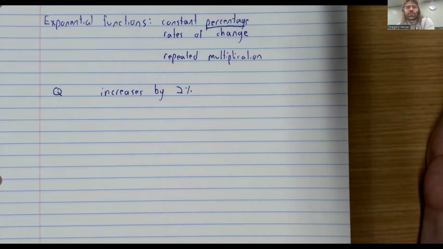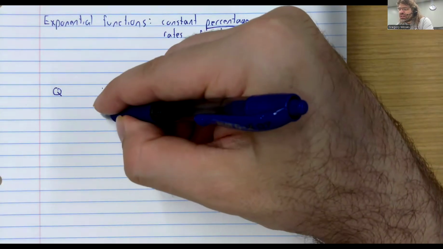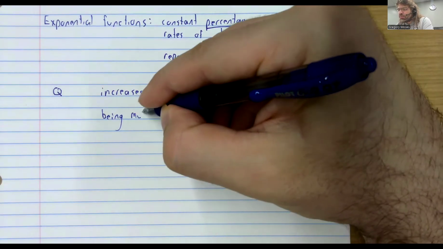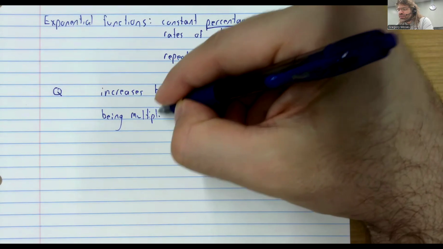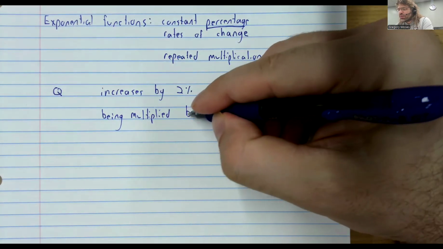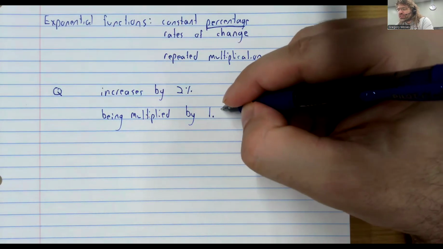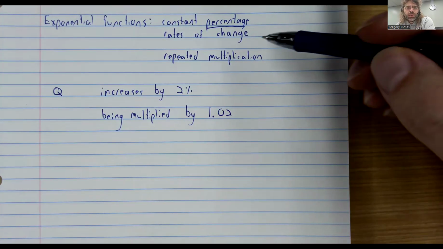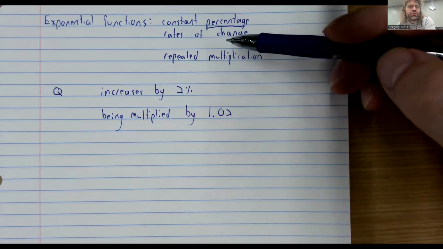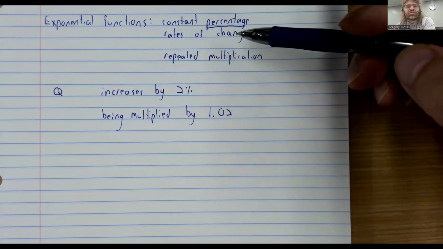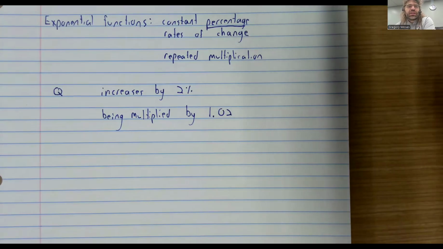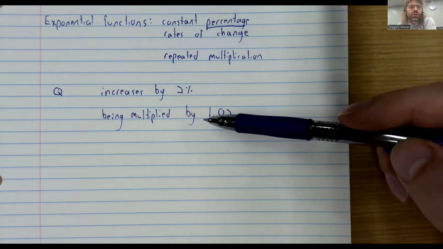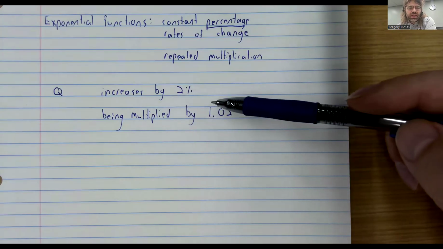Well, increasing by 2% is the same as being multiplied by 1.02. Which is why we have these two sort of visions of the exponential function, because increasing by a percentage and multiplying by a number are the same thing.